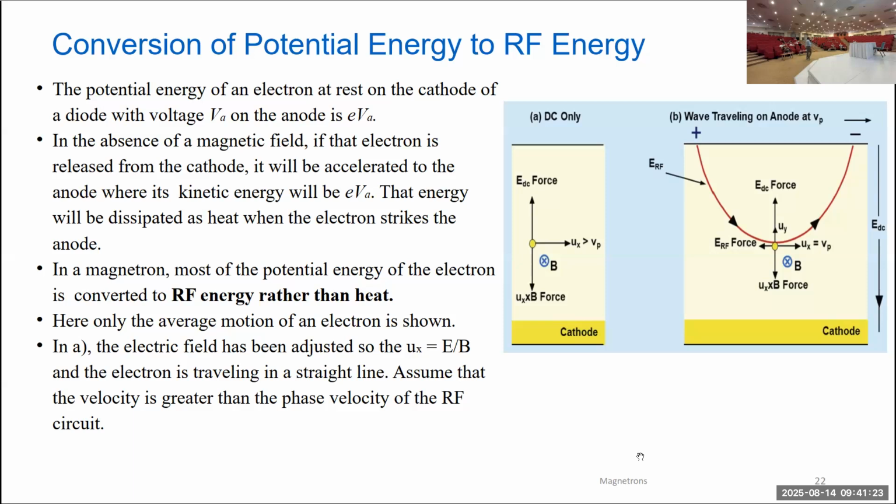And when these electrons interact with the RF field, they lose their kinetic energy and contribute to the RF power, increasing it. And this happens until the favorable conditions change and the particles hit back to the cathode or hit the anode and produce heat.